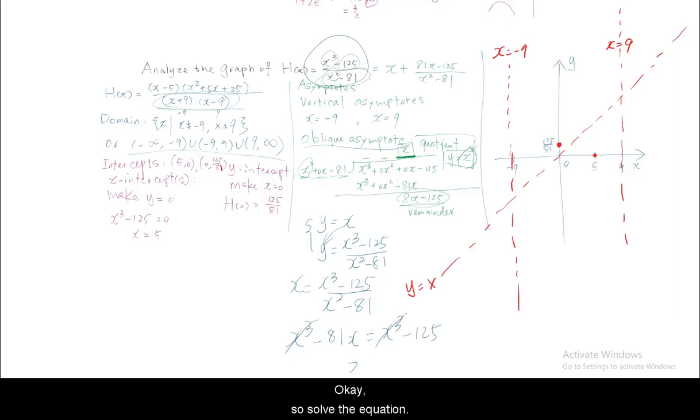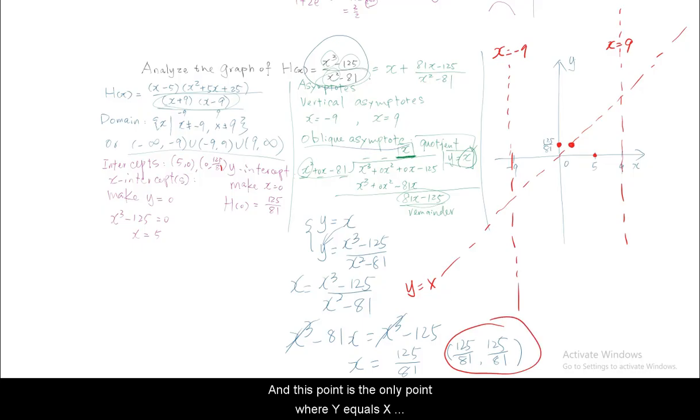Okay, so solve the equation. You actually got 125 over 81. And plug in for y, that's the same. So actually the graph intersects y equals x at (125/81, 125/81). So it's kind of right here. And this point is the only point where y equals x intersects our function h.